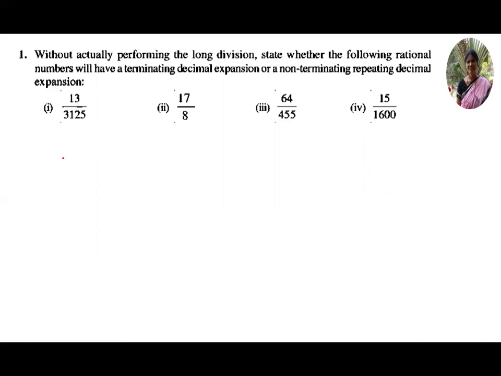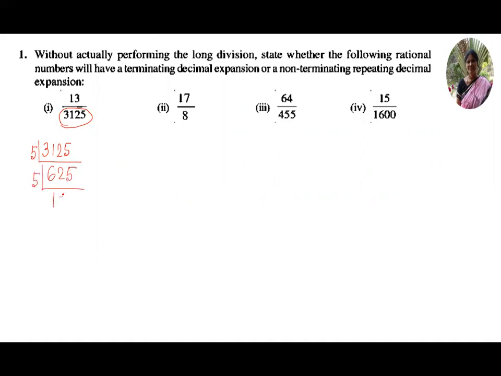For this, what we have to do? We have to take the denominator and find its prime factorization. So 3125, as the unit place digit is 5, it will go by 5. So 5 times 625, 5 times 125. Again it ends in 5, it will go by 5.